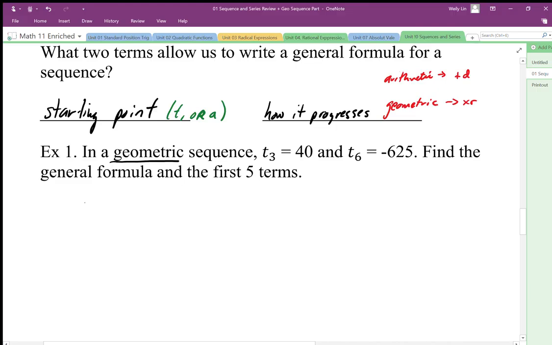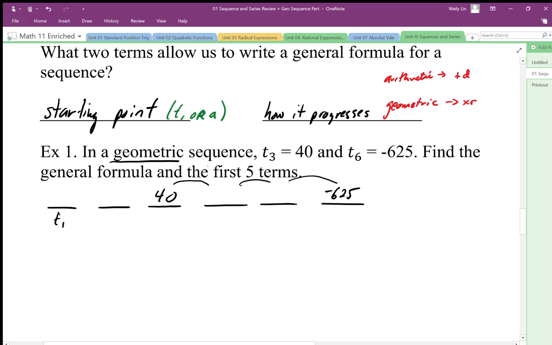I'm just going to list out the sequence, since 6 terms is small enough that we can probably just see what this looks like. And we want to know the general formula, so we need to know T1 or A. And we also need to know how this is going to progress.